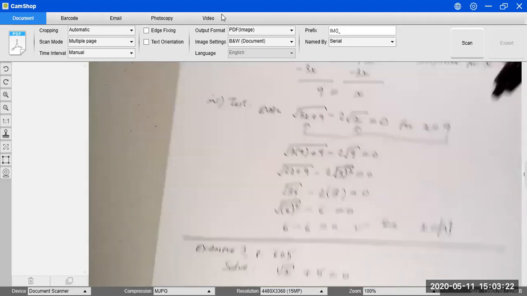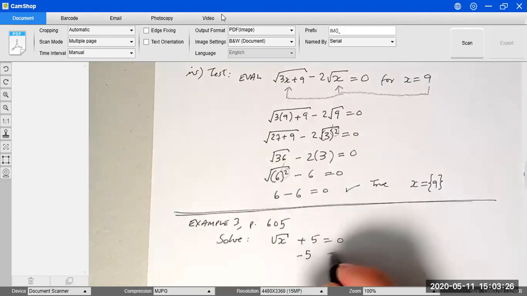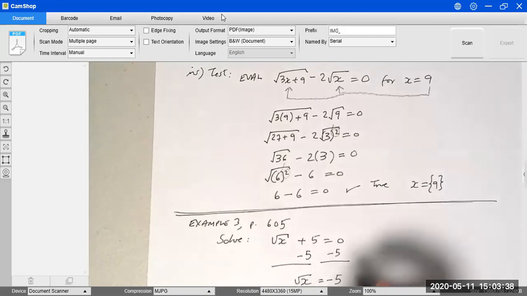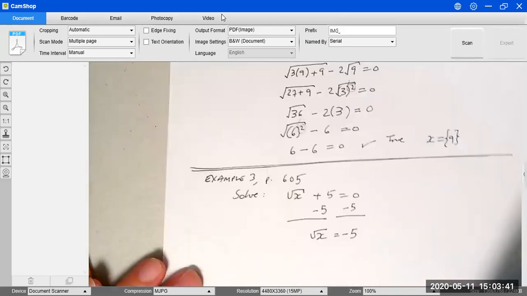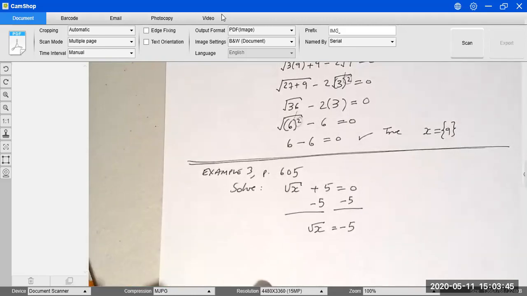So again, the first step, we need to isolate the radical. So we're going to subtract 5 from both sides. So we're going to end up with square root of x equals negative 5. Okay, so now we're going to square both sides of the equation.